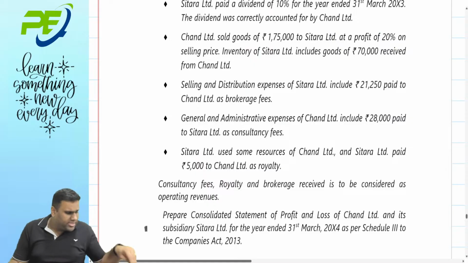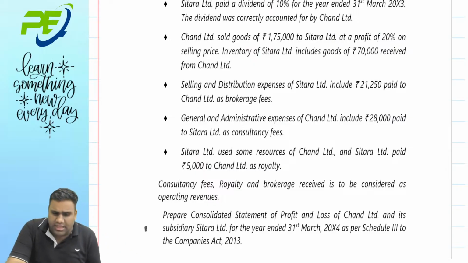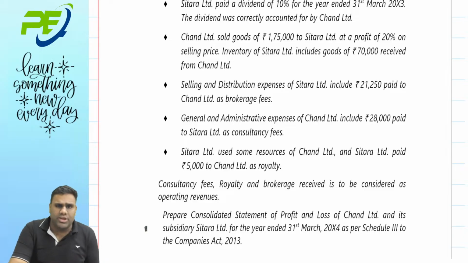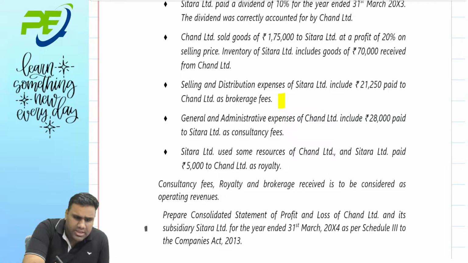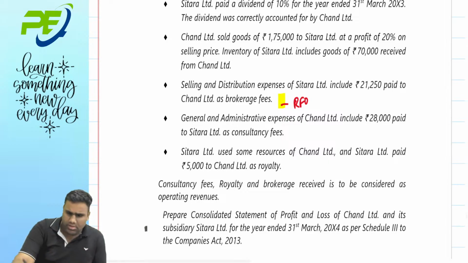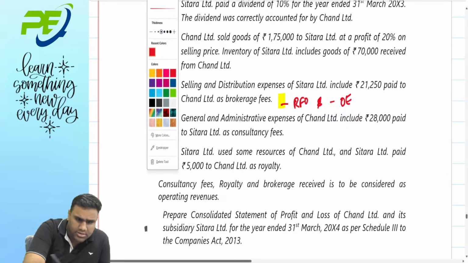Now for these three things: selling and distribution expense of Sitara Limited includes 21,250 paid to Chand Limited as brokerage. So it will be reduced from revenue from operations, and it will also be reduced from other expenses.